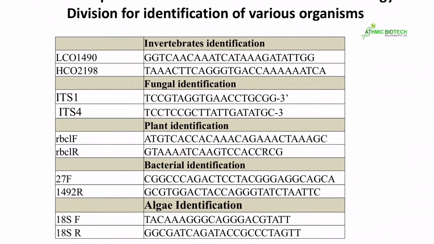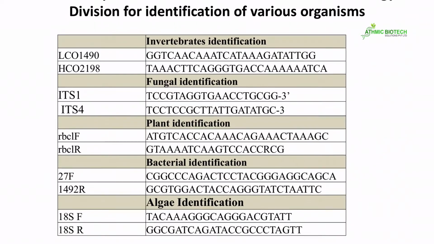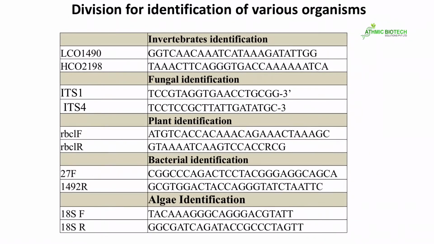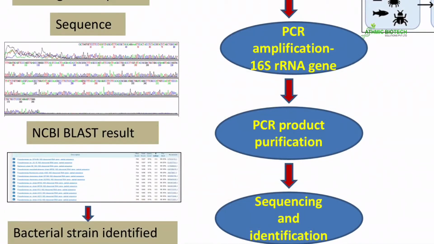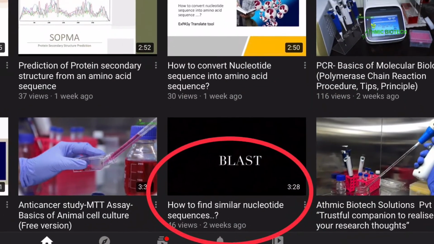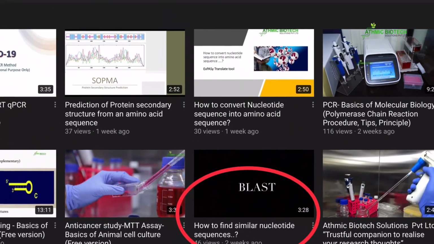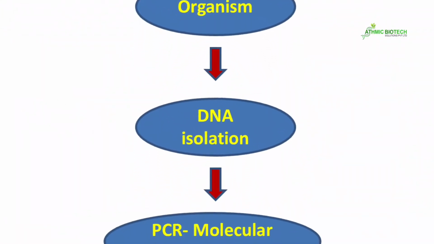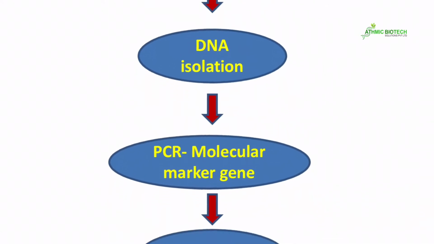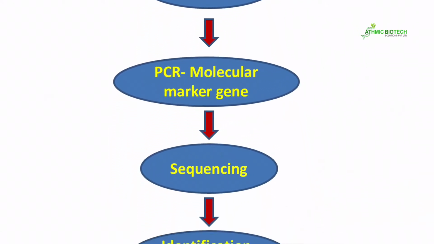You can get those primers from literature and order them. You amplify the 16S rRNA gene from the isolated DNA, then go for Sanger sequencing. After getting the sequencing result, go for BLAST and identify the organism. By following this molecular identification pathway, you can identify a specimen precisely and accurately.